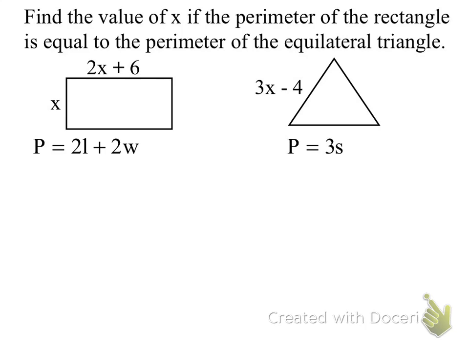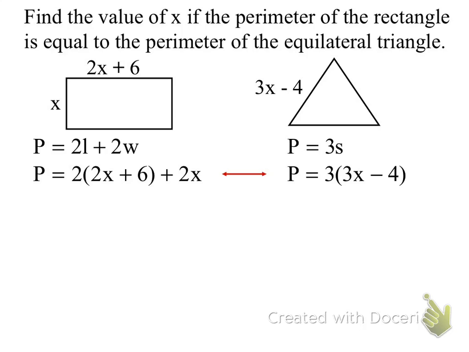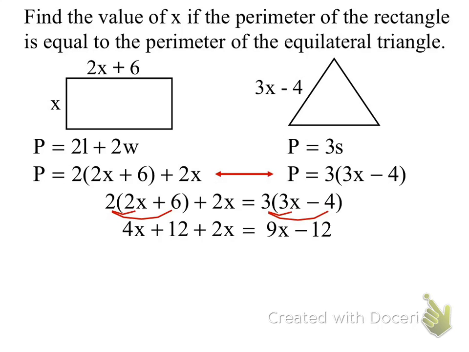And then you substitute in. The length is 2x plus 6. The width is x. So I have 2 times x and 2 times 2x plus 6. And then we simplify. And here, if this is an equilateral triangle, it means all 3 sides are the same. So you got to use perimeter equals 3 times the side. Do you understand?